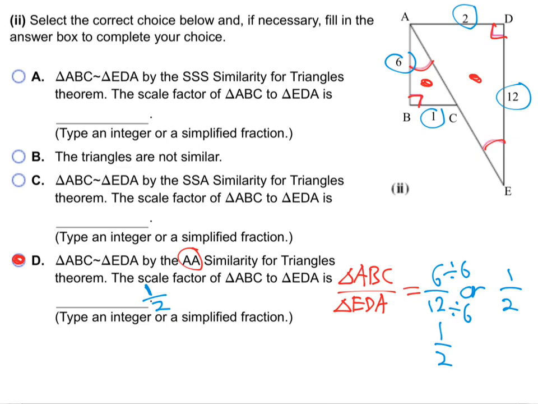That's what we're saying. So you see how you have options for the sides? They give me a couple of sides. It doesn't matter. But you do have to grab corresponding ones. Do you see what I did there? The 6 matches with the 12, doesn't it? Or the 1 goes with the 2. So as long as you grab corresponding, it's all good. Reduce the fraction. Half the little triangle, half the big triangle.